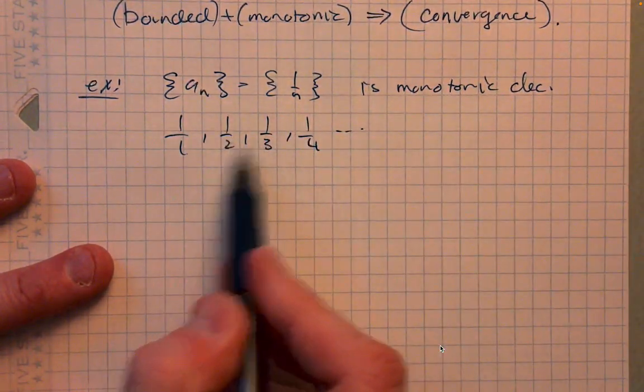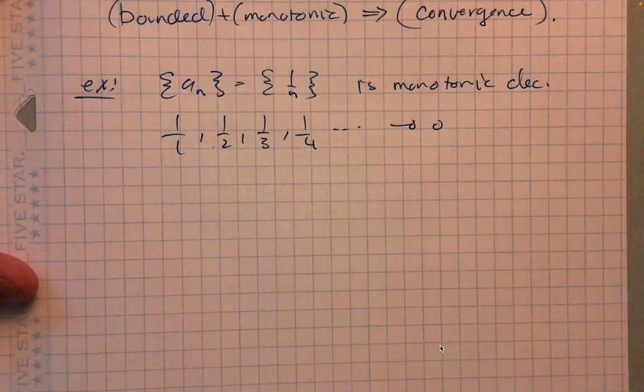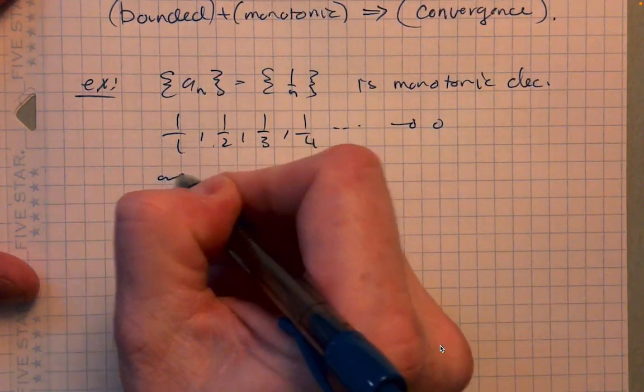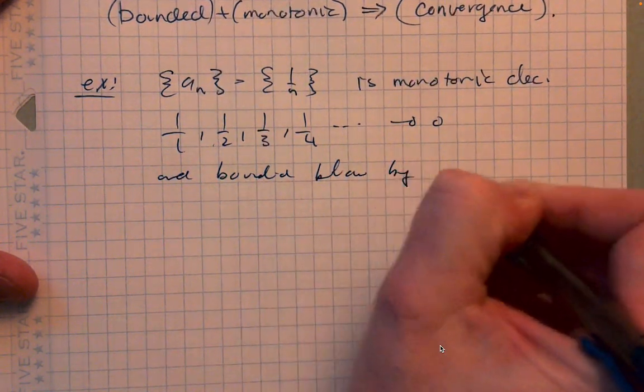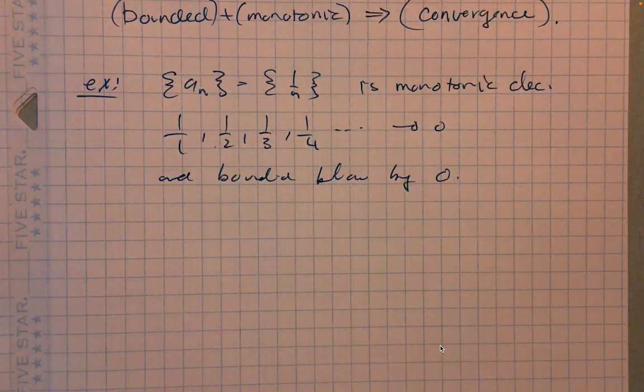These fractions are getting smaller and smaller, aren't they? It goes to 0. It's monotonic decreasing, and it's clearly bounded below by 0. So 0 would be a greatest lower bound, the largest lower bound on this sequence.